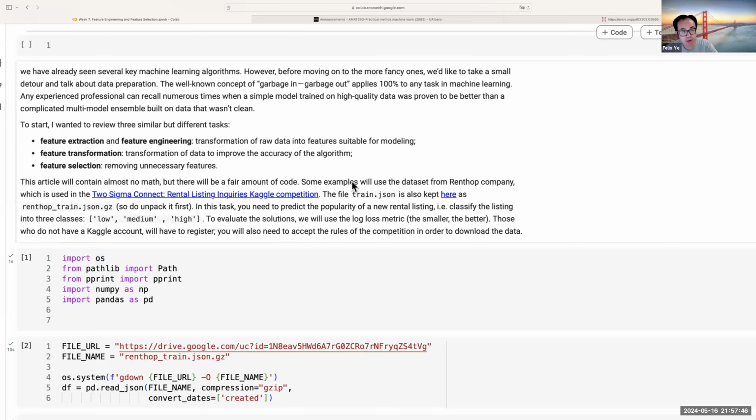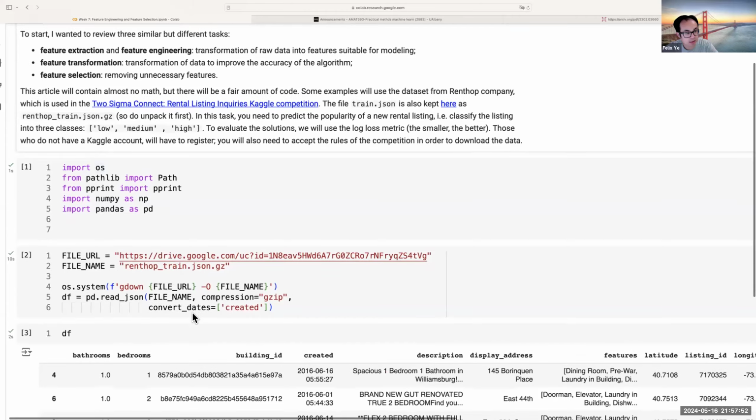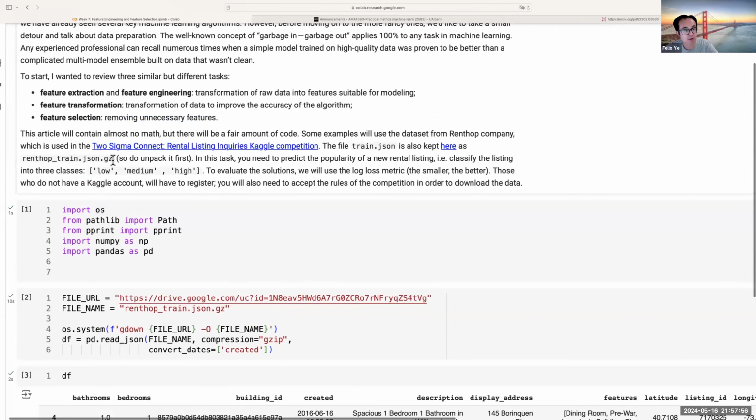We're going to use this competition's data set. This data set is from the Two Sigma Connect rental listing inquiry Kaggle competition. You can click that; it actually links to Kaggle.